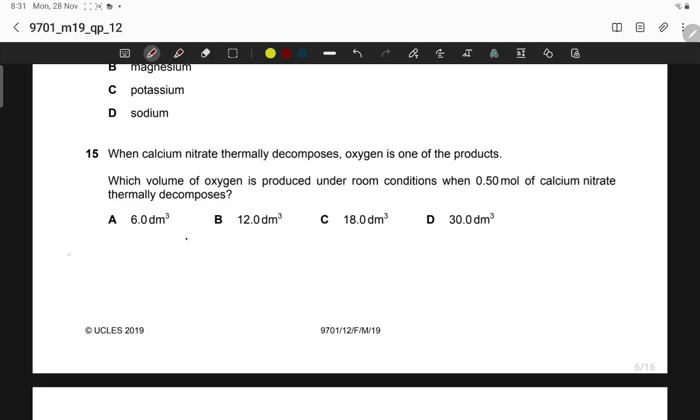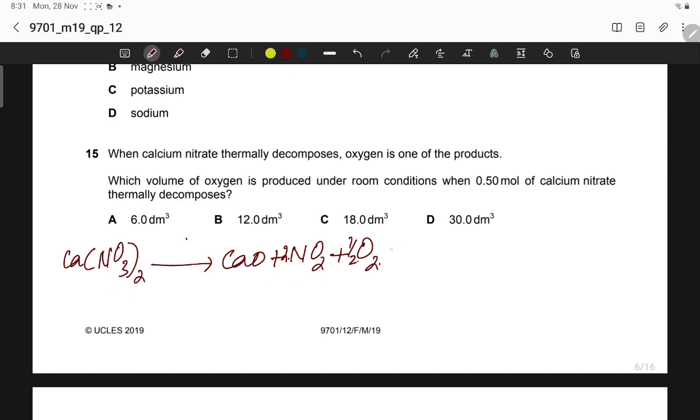First write down the chemical equation. Calcium nitrate decomposes to form calcium oxide plus nitrogen dioxide plus oxygen gas. To balance this reaction, 2 nitrogen over here and 1 over here. So calcium nitrate is 0.5 mole.